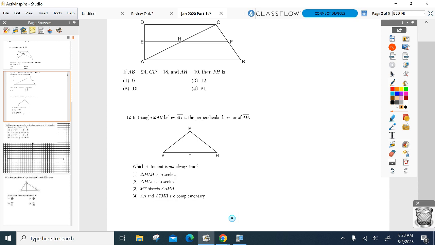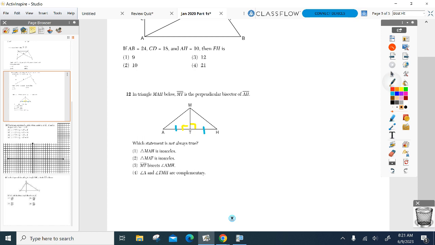You should be able to do two sets of markings, one for perpendicular, one for bisector. Okay, everyone's got the right angles, and everyone should have congruent marks on AT and TH because AH is getting bisected. All right, which statement is not always true?